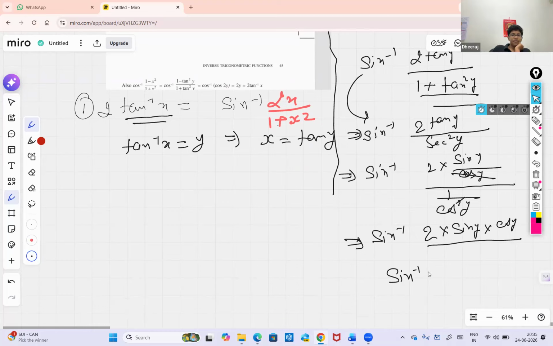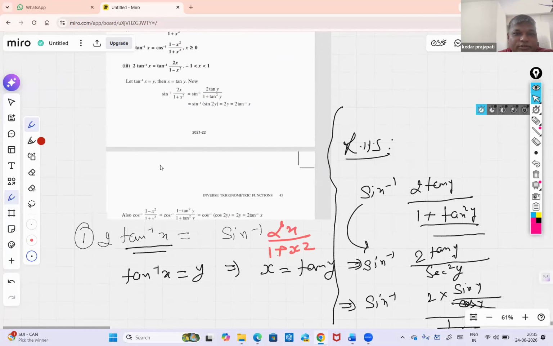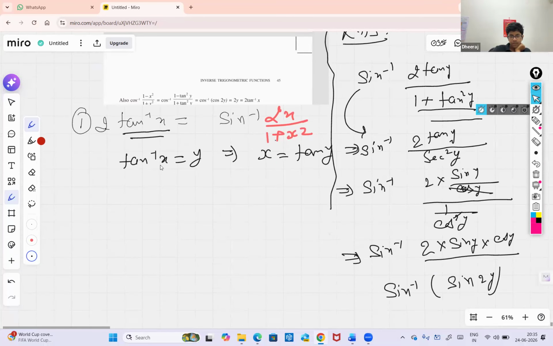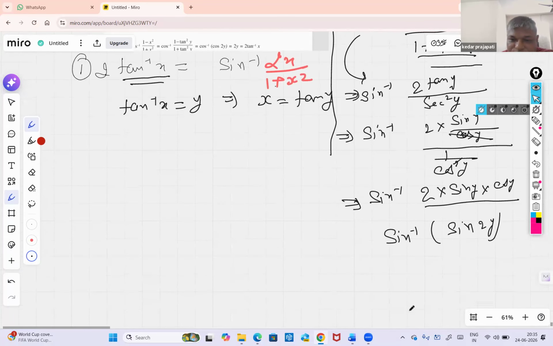So this is sine inverse sine 2y, and this is what was needed. This sine inverse and sine is gone.